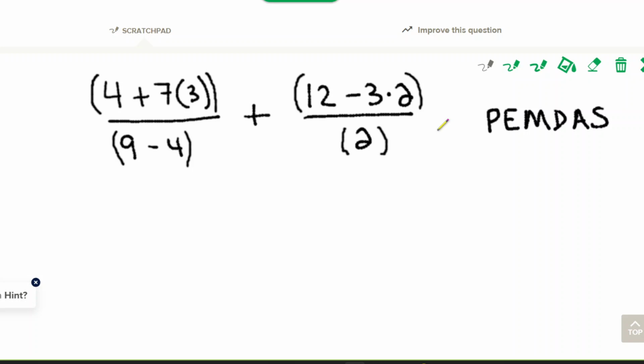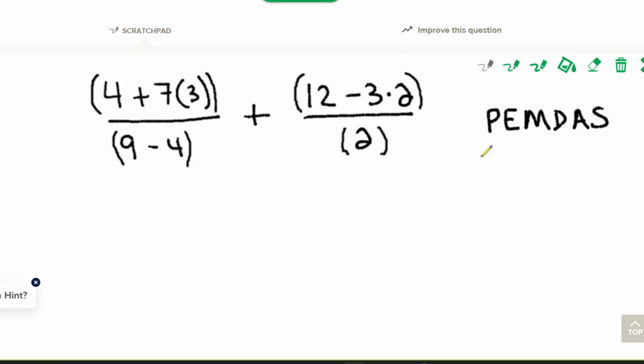So in this expression, the first things I'm going to work at are simplifying the expressions above and below fraction bars, working inside the parentheses, if you will, inside the grouping symbols. So this first fraction, 4 plus 7 times 3.